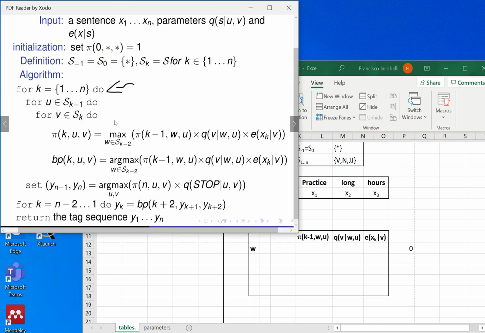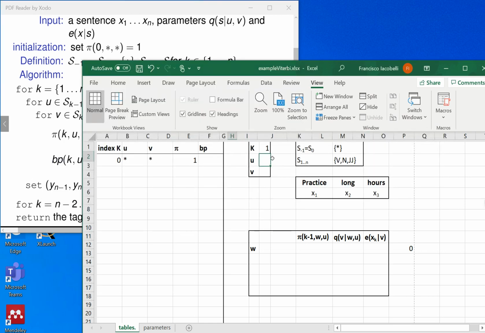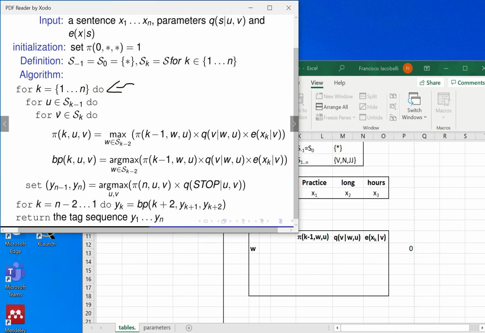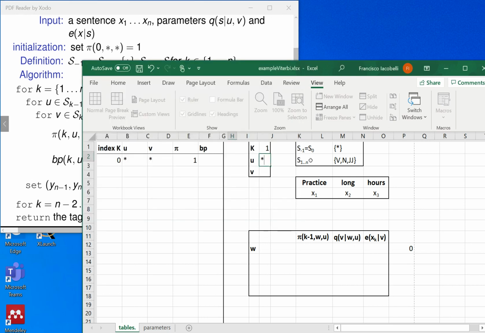U is in the set of S sub K-1. So K-1 is 0. So the set 0 only has one element, star. So we're going to put here star. And then we're going to go here to V, which is in the set of S sub K, which is S sub 1. S sub 1 is V, N, and JJ. So we're going to iterate over that set.